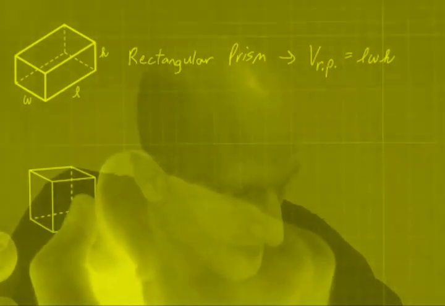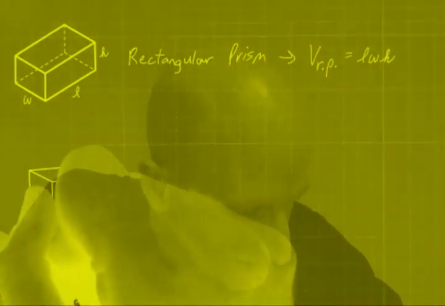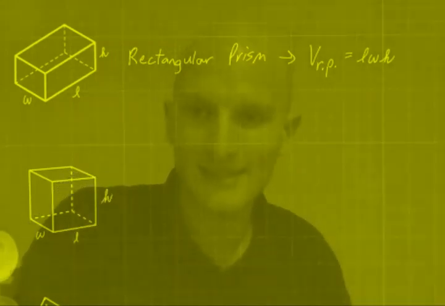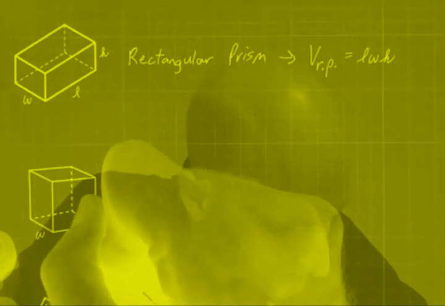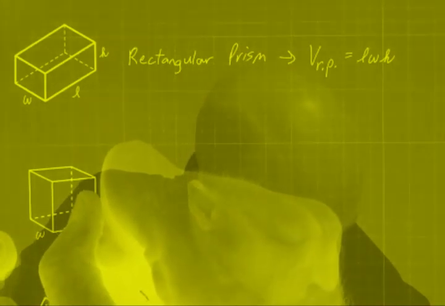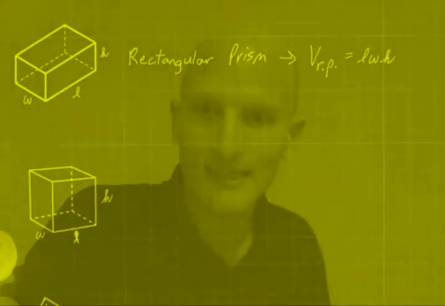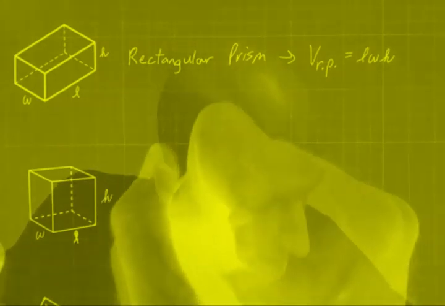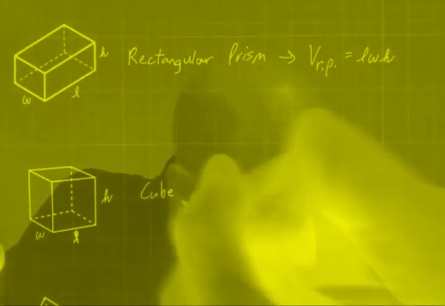So once again, we have length, width, and height. This is a cursive L. So this is a cube, right?